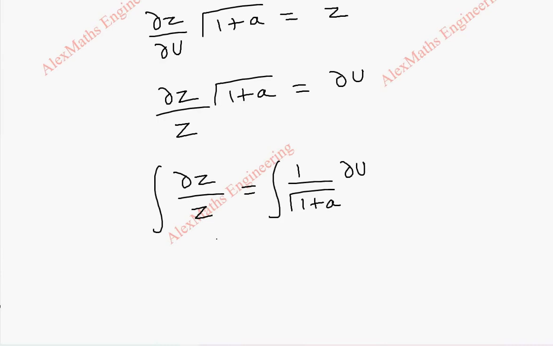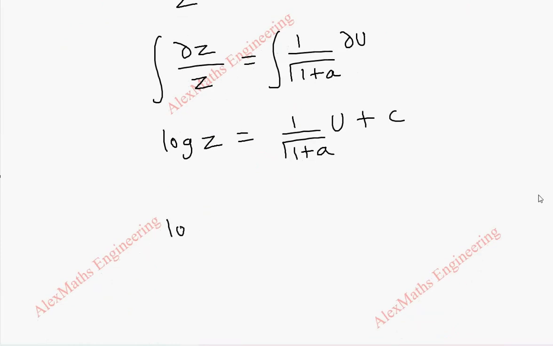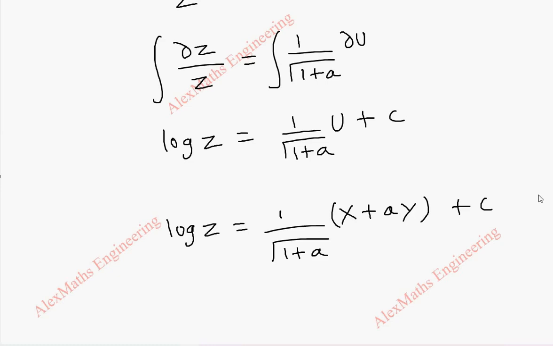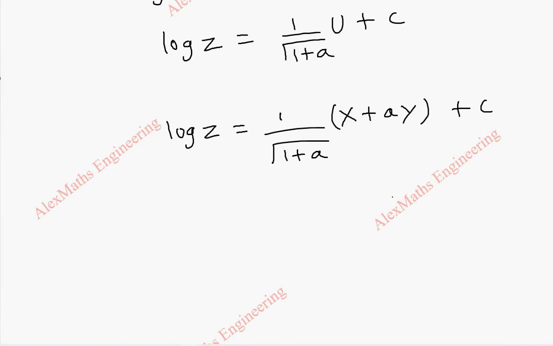On integration on both sides we get log z equal to 1 by root 1 plus a into u plus c, and the u we have to replace.